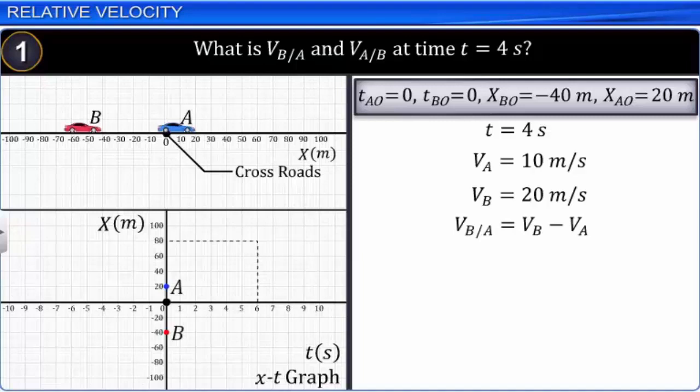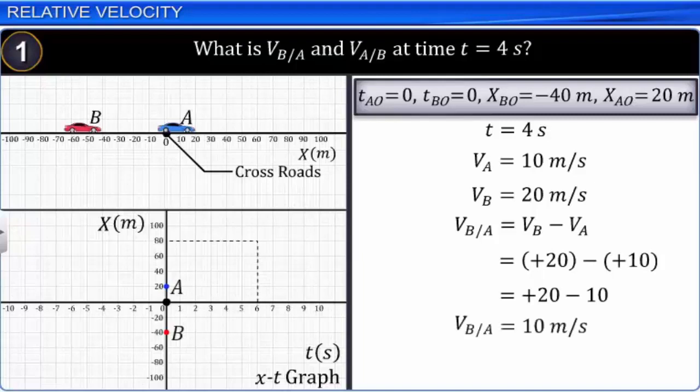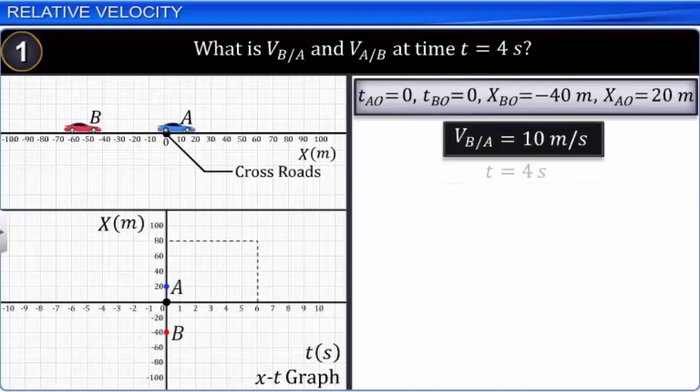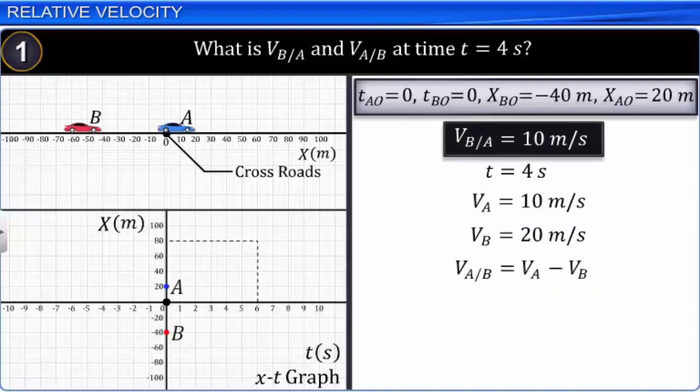On substituting and simplifying, we get VB by A equal to plus 10 meter per second. Calculating the value of VA by B, it is equal to VA minus VB. On substituting and simplifying, we get VA by B equal to minus 10 meter per second.